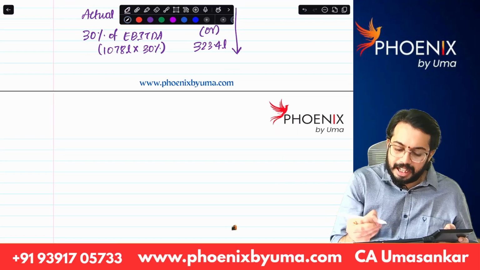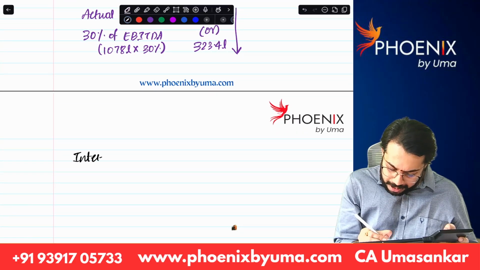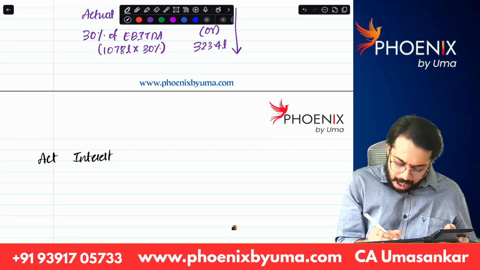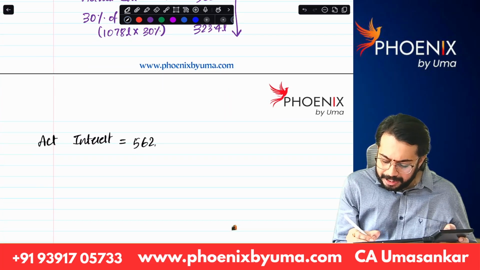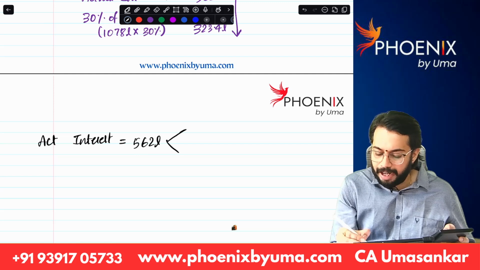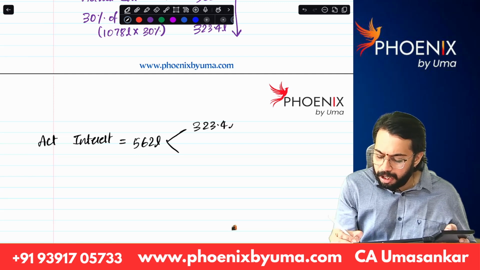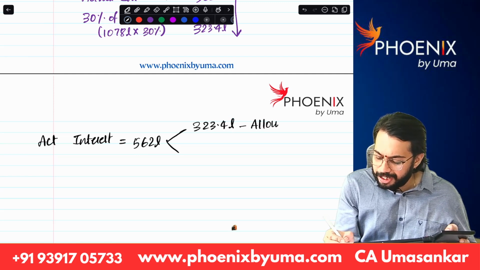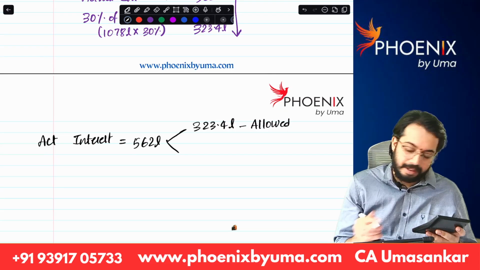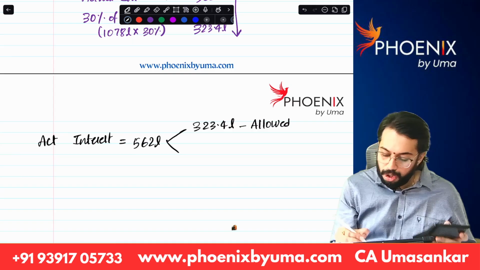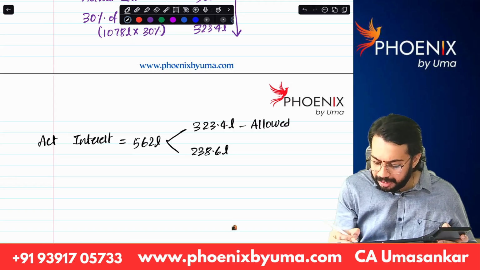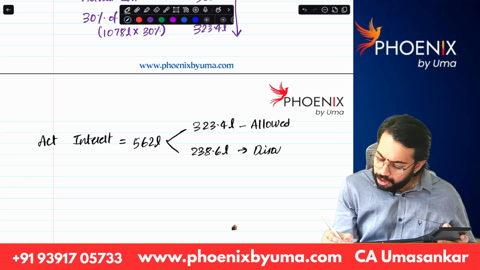So how much is interest actually? Actual interest is 562 lakhs. But whether 562 lakhs is allowed? No. Out of 562 lakhs, 323.4 lakhs is allowed as deduction. How much is balance? 238.6 lakhs, that is disallowed in 23-24.